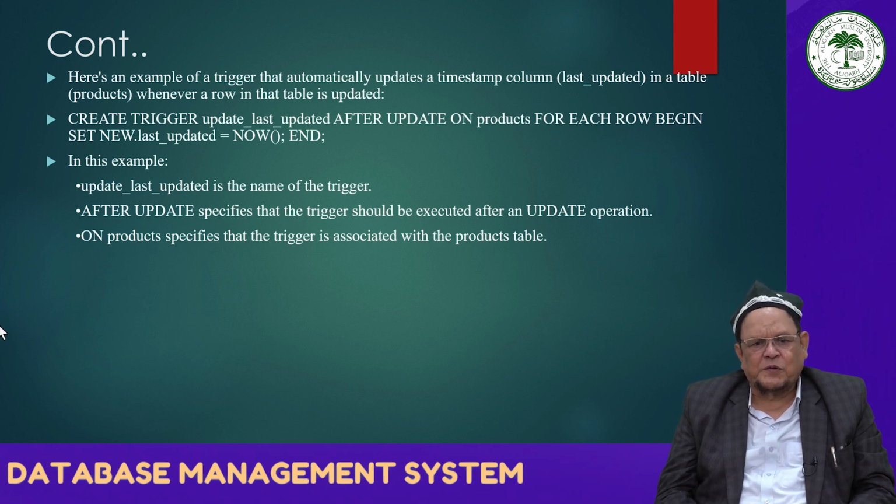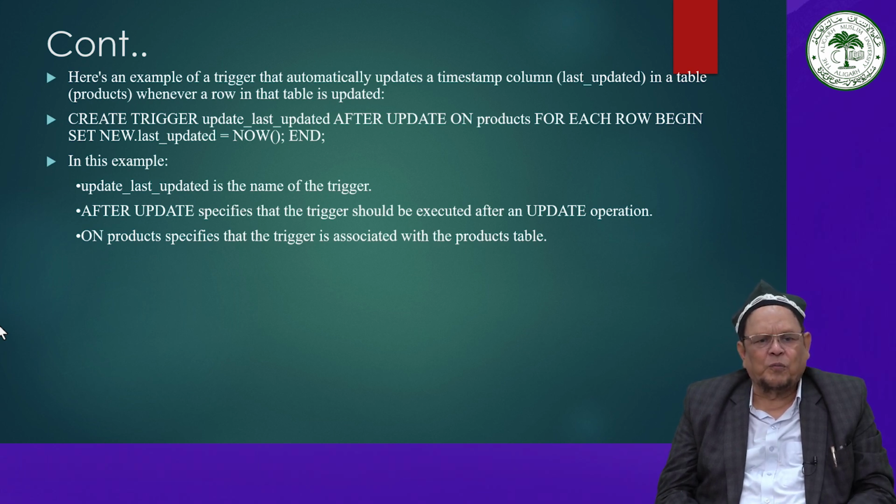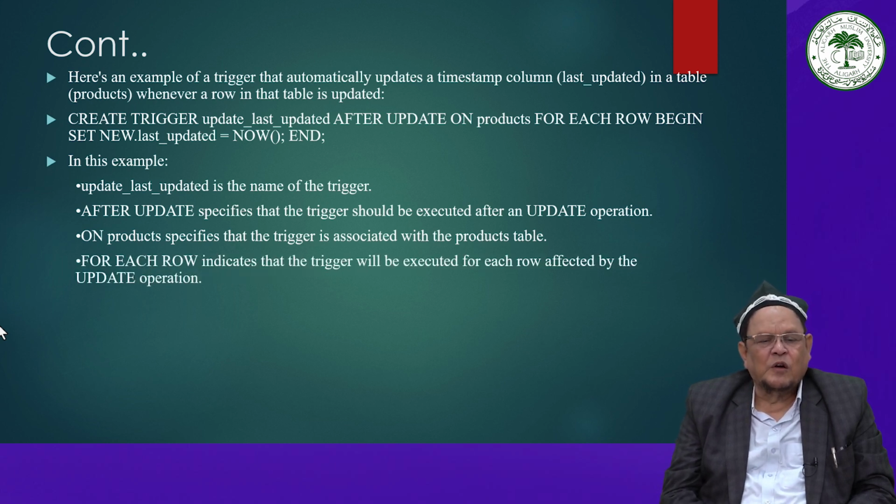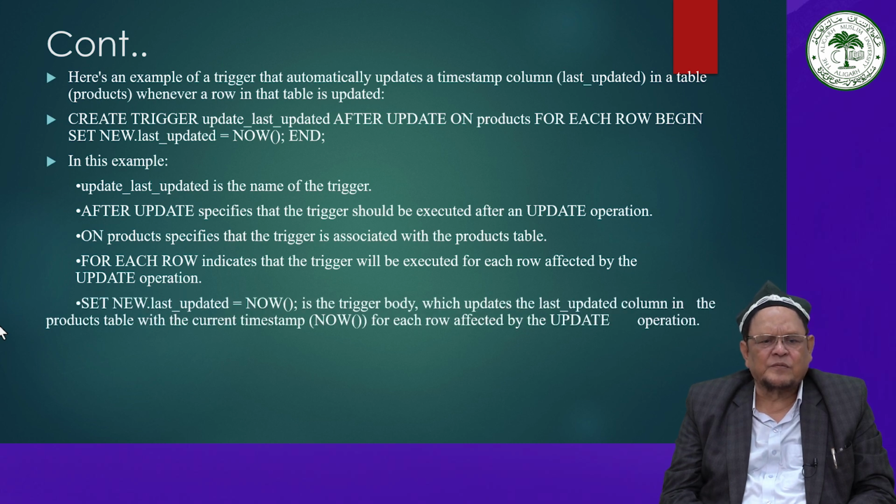After update specifies that the trigger should be executed after the update operation. On product specifies that the trigger is associated with the table product. For each row indicates that the trigger will be executed for each row affected by the update operation.